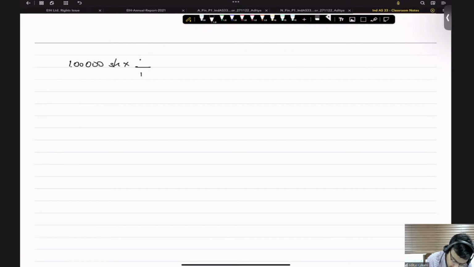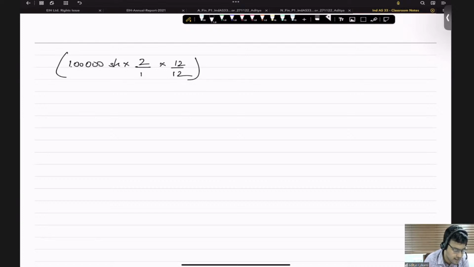For one bonus share, you will have 2 shares after bonus issue. So this is 1 existing plus 1, that is 2. So for 1 lakh shares, after the bonus, 1 lakh shares becomes 2 lakh shares. So 1 lakh into 2 by 1 into 12 by 12. This is your first answer. This is your first working.